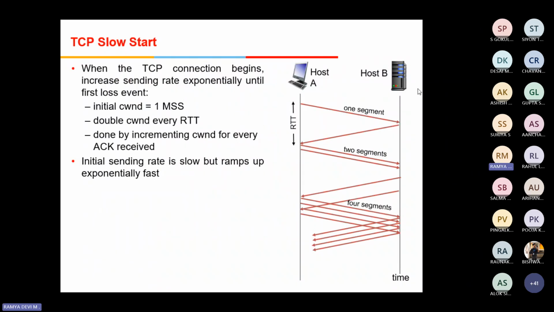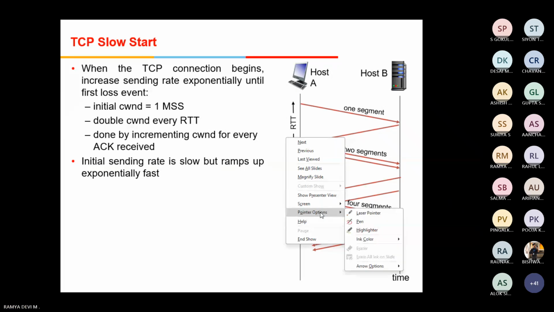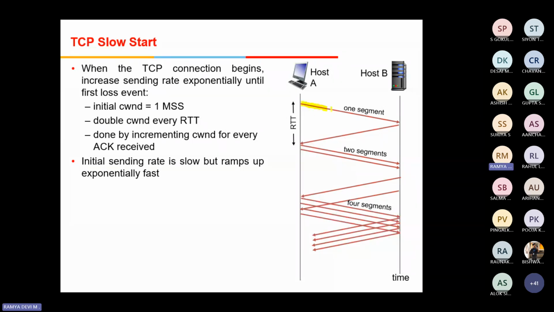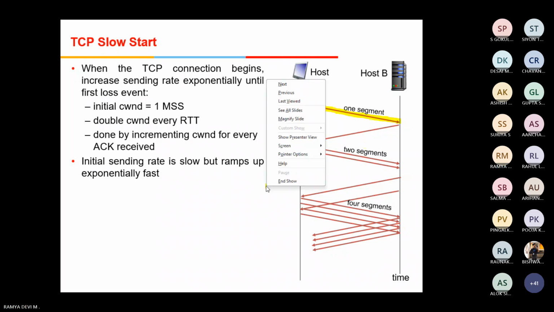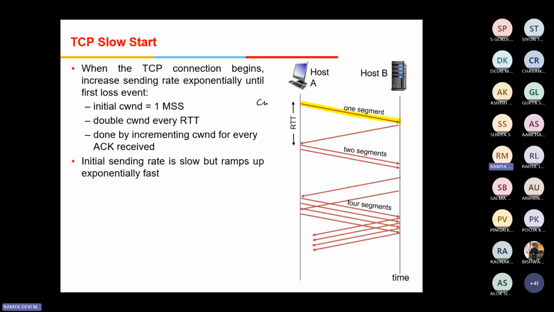This is the slow start state. For one packet sent here, in slow start, the congestion window size is 1. I'm sending one packet. For that packet, I'm getting an acknowledgement. So now I can double my congestion window size. So 2 packets are transmitted.